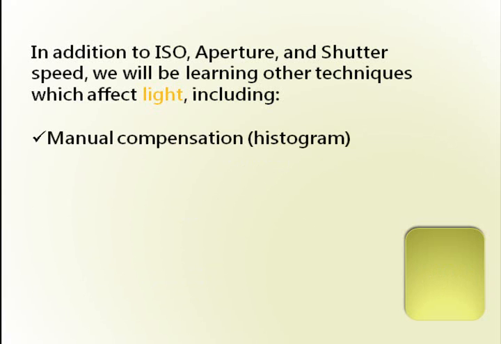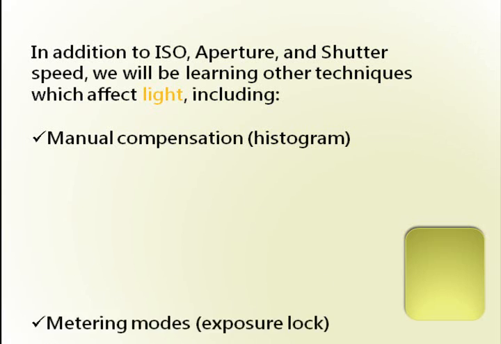There are histograms on your camera, and you can manually compensate by seeing the histogram. But we're going to learn exactly what the histogram does and how it shares with us how much light is reaching our camera.